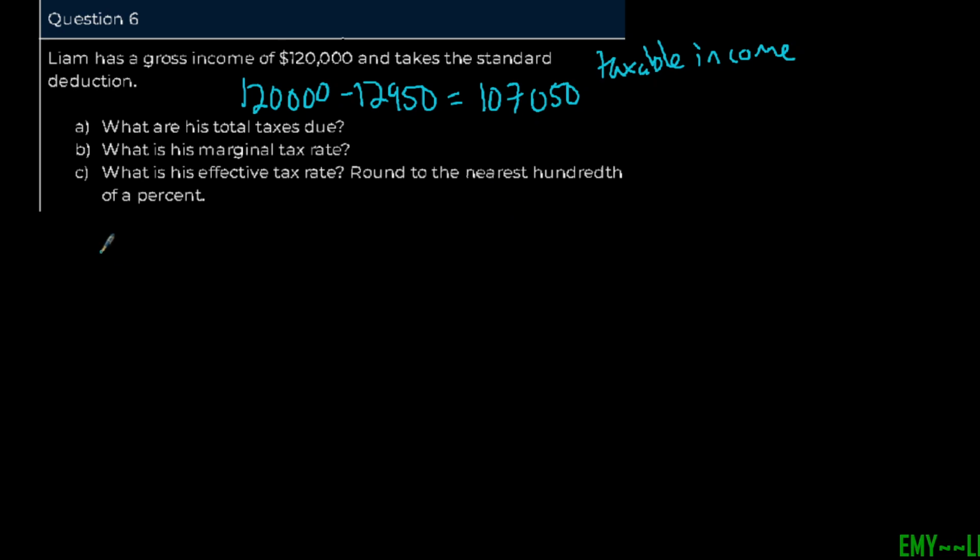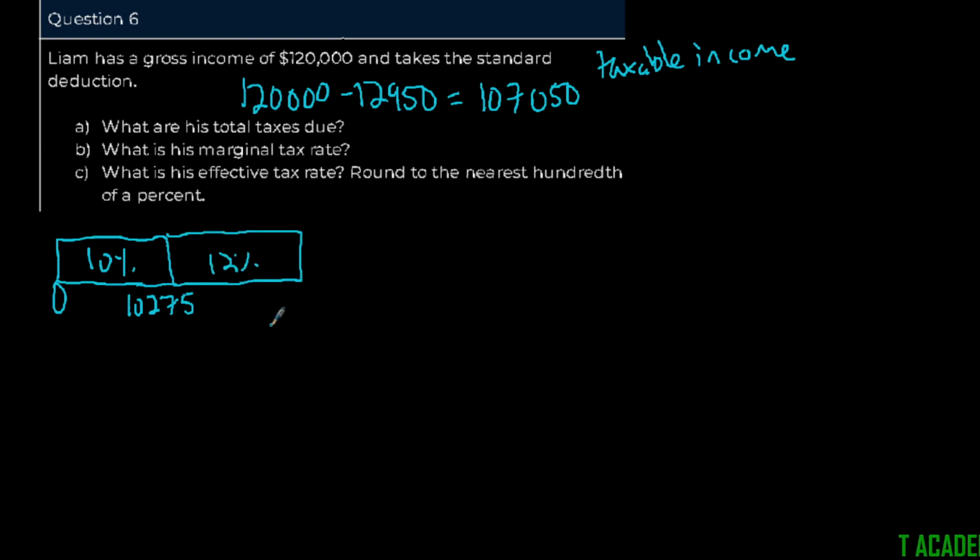So set up your different brackets. Something like this. Let's try to draw this out. You have to do from 0 to 10,275. It's going to be 10%. And 12% is going to be from here to the next number, 41,775.